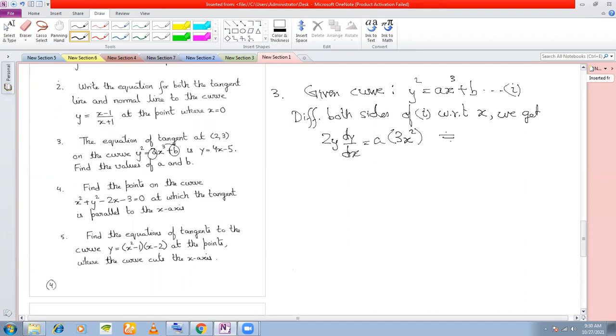So that means you're getting dy dx is equal to 3ax square divided by 2y.